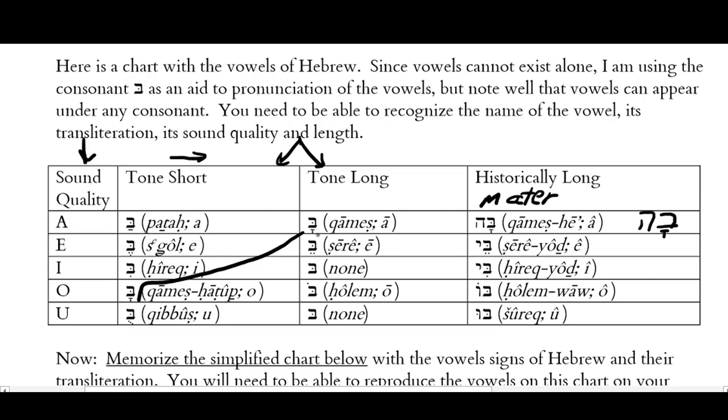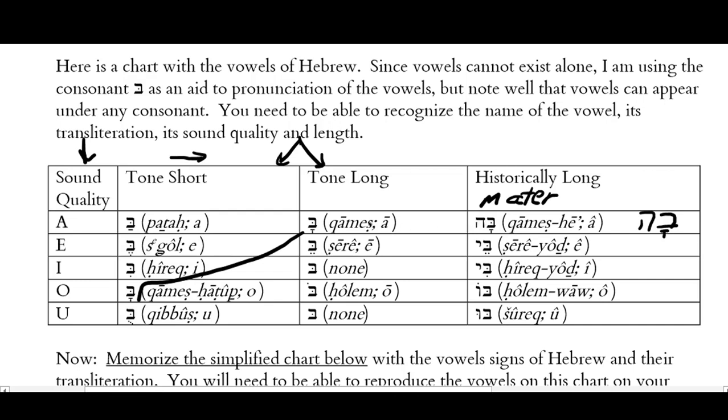Not just an A that's long by tone, but an A that's long historically, meaning that historically before the Masoretes, the scribes that introduced the matres lectionis system indicated that this was a long vowel. It's a historically long A. So, how do we pronounce this?